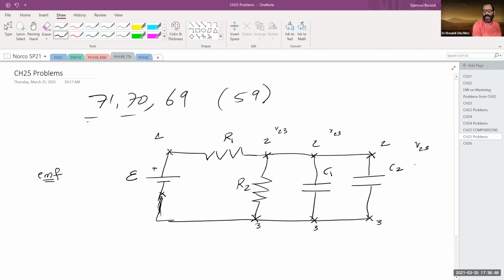Because the voltage is the same, these things are parallel. Okay. I can't say much about R1 with any of the other devices at this point because it's not necessarily in parallel or in series. So I'm going to leave it as that.